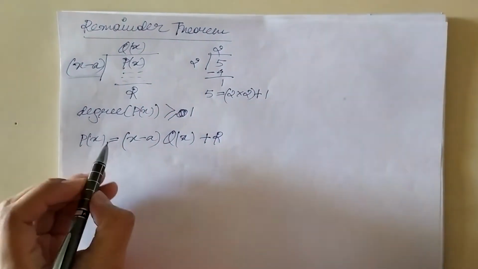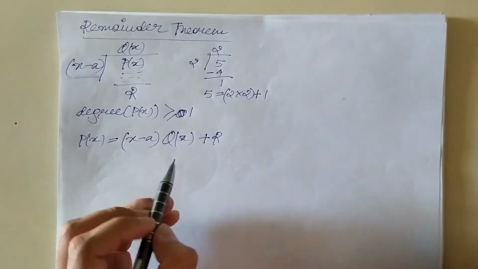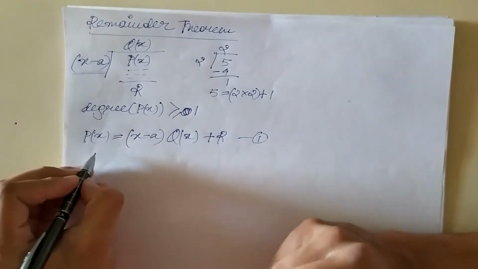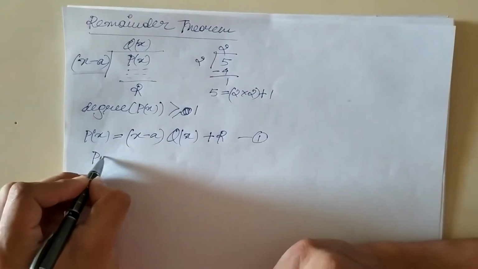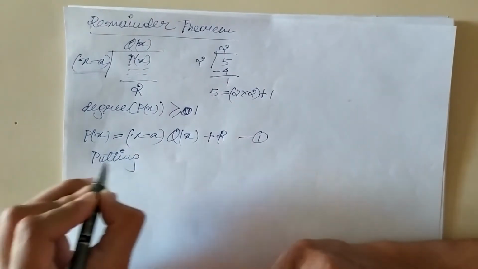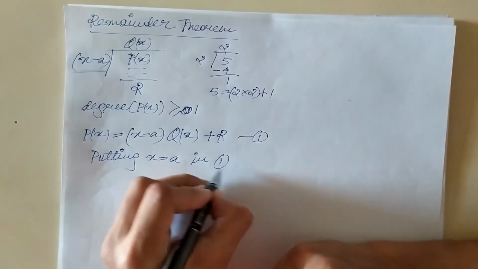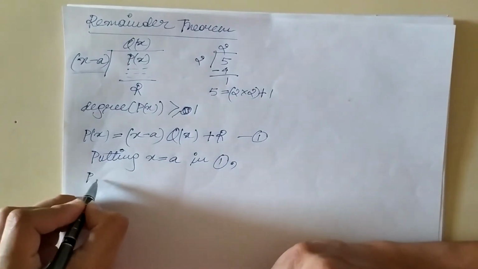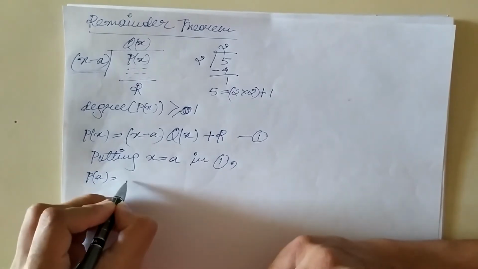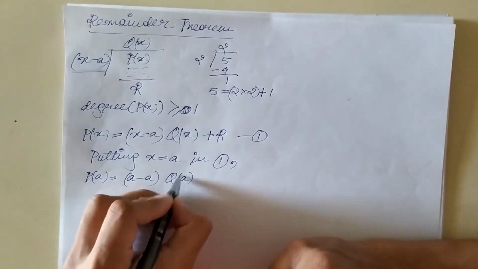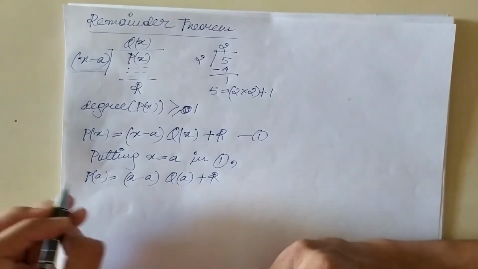Now let this equation be equation number 1. Now putting x is equal to a in equation 1, we get p(a) is equal to (a minus a) into q(a) plus r.